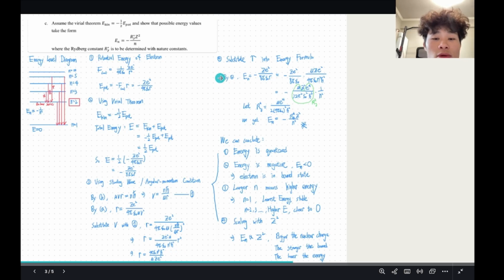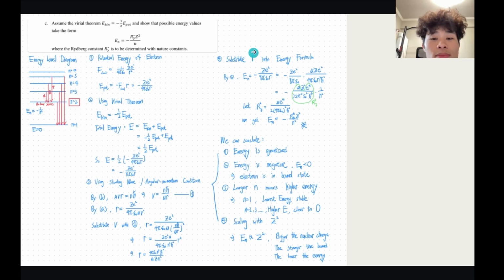Since we know the radius, we can substitute it back into the energy formula. So now the energy formula becomes this. If we substitute it in, the r becomes mu z e squared over 4 pi epsilon naught n squared h bar squared.